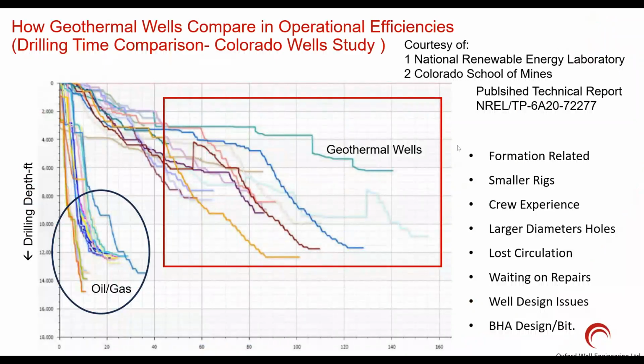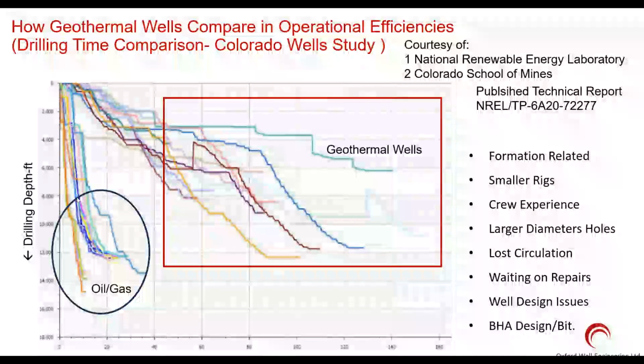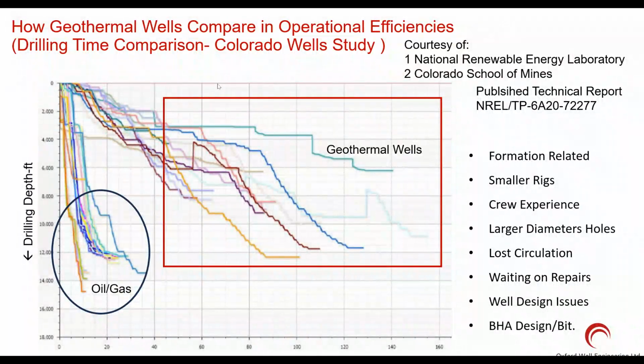Okay, so we talked about the performance gaps. What is the difference, and how does it look? There is a small study done in Colorado by the Colorado School of Mines, and it was published. For the new guys who do not drill all the time and are not drillers, just to explain a bit, this chart shows two groups of wells.